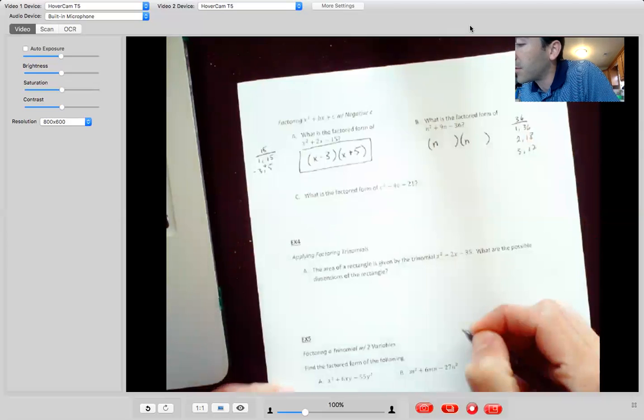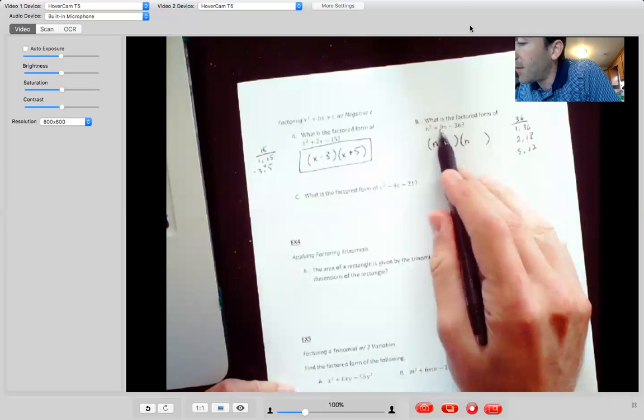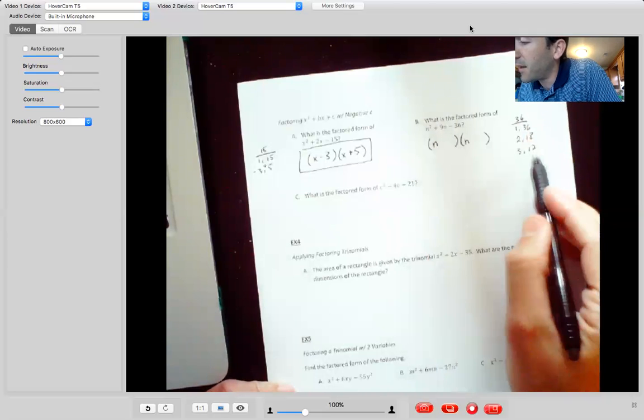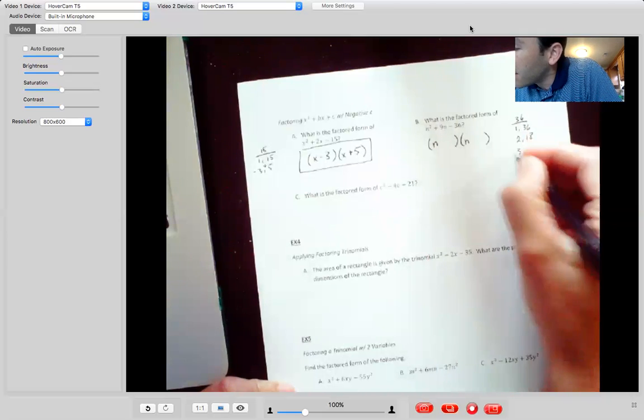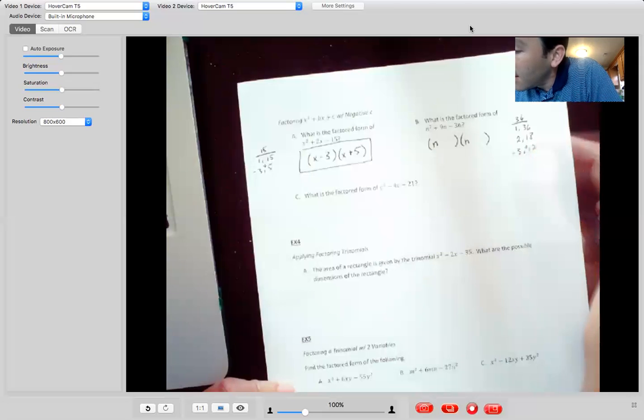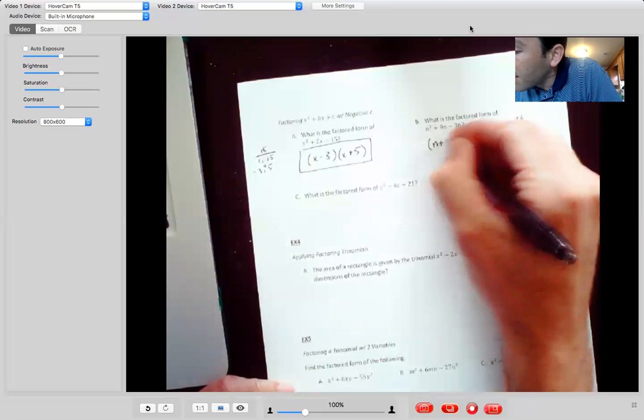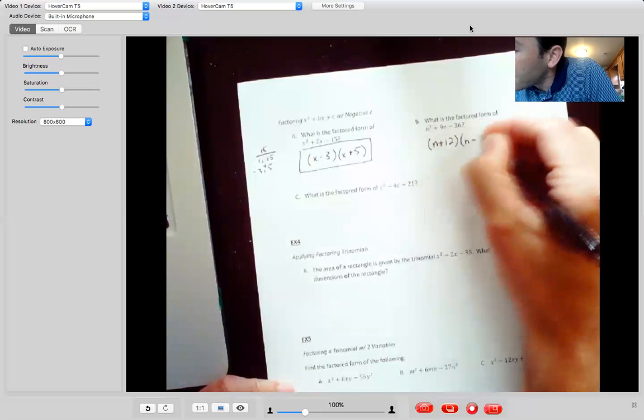So now the key is which is positive and which is negative. To give me a positive sum, I want the bigger absolute value to be positive. Okay, so it's -3 plus 12. So n plus 12 times n minus 3.